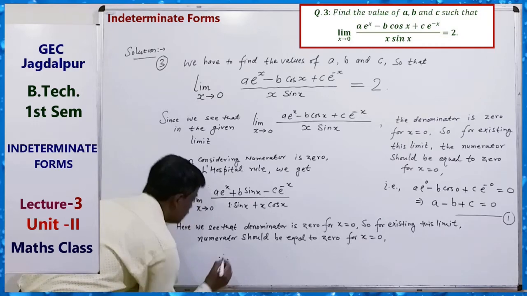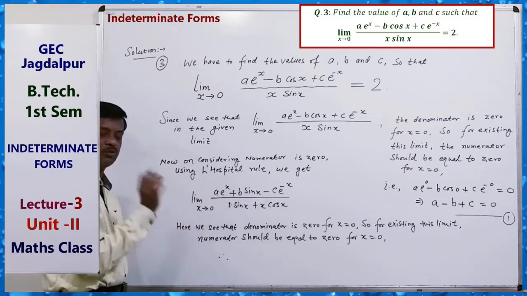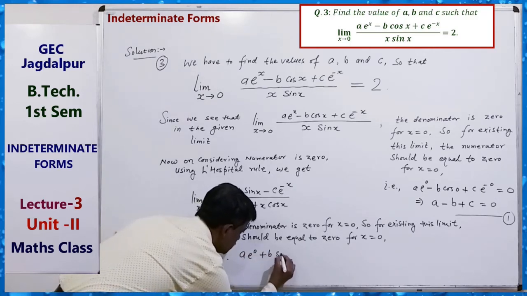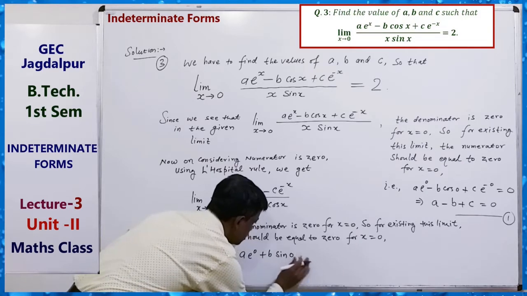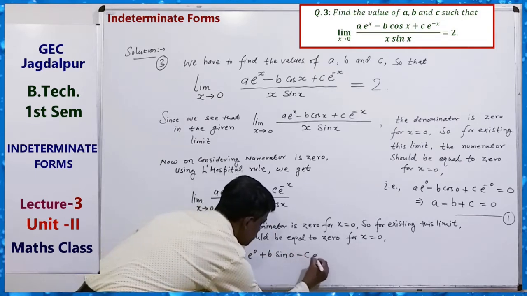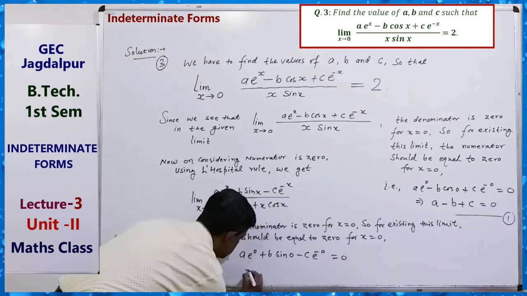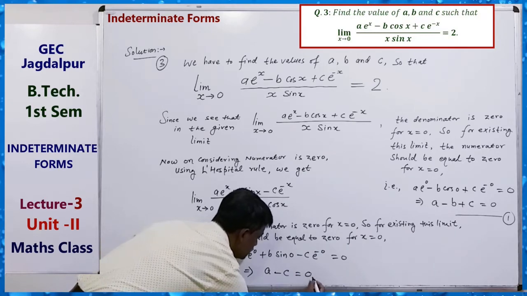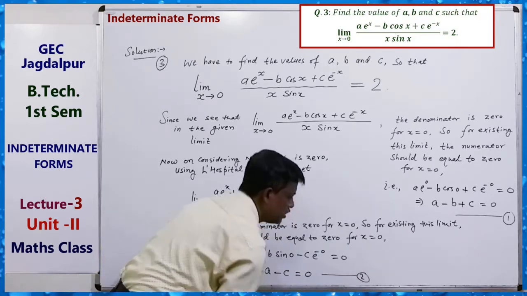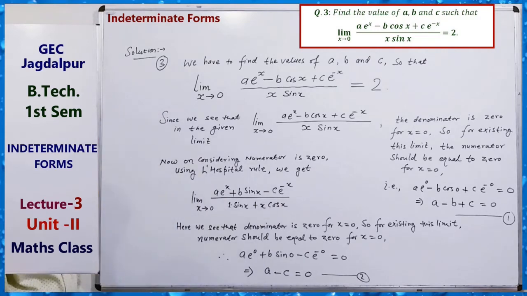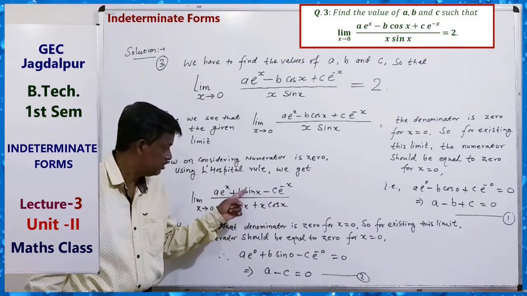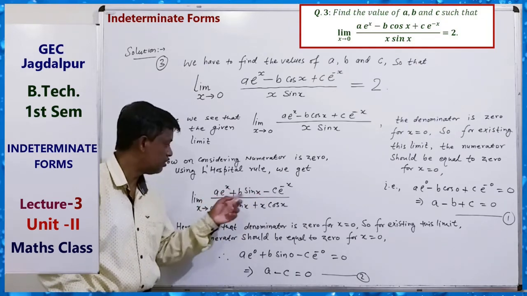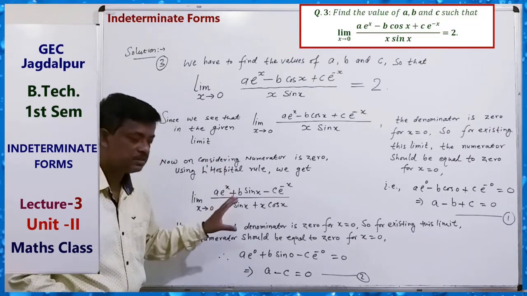Therefore, in the numerator put x equal to 0. So a e to the power 0 plus b sin 0 minus c e to the power minus 0 equals 0. So this implies a minus c equals 0. This is equation 2, a minus c equals 0. Because the denominator is 0 and this value depends on a, b, c, this should also be 0 for the 0 by 0 form.